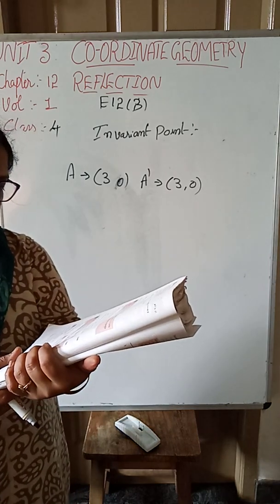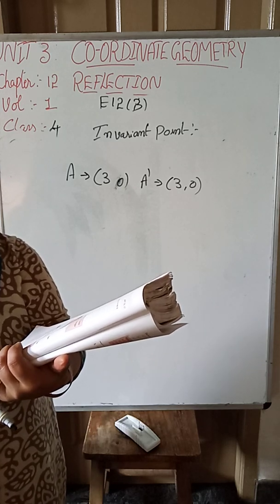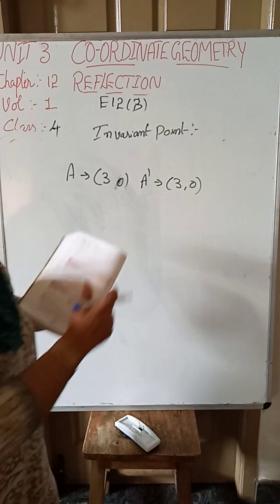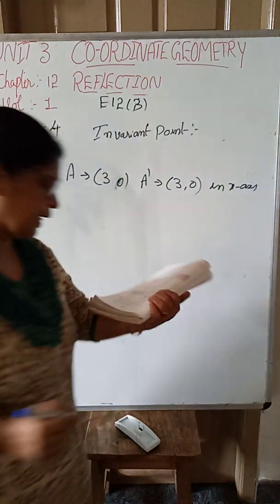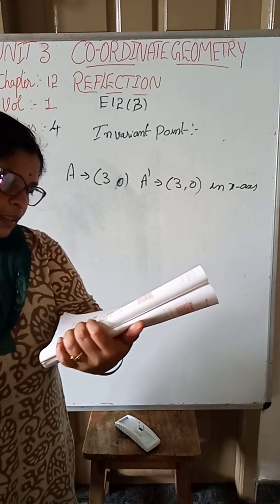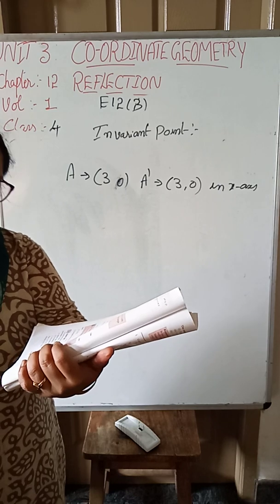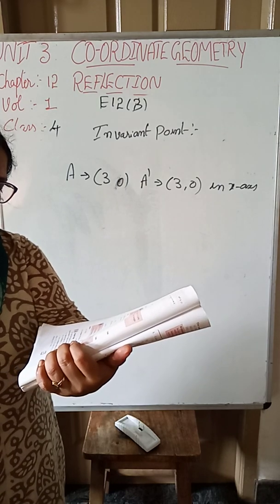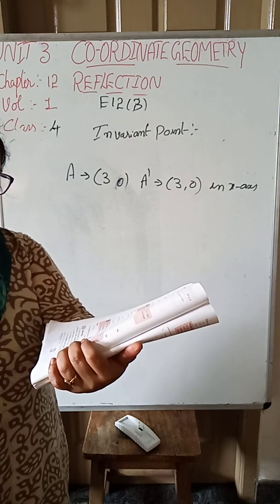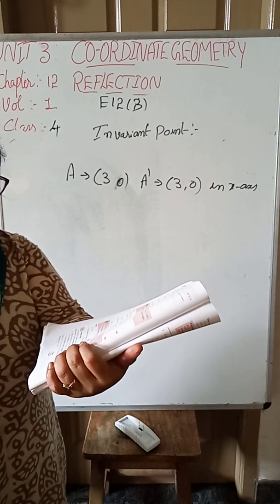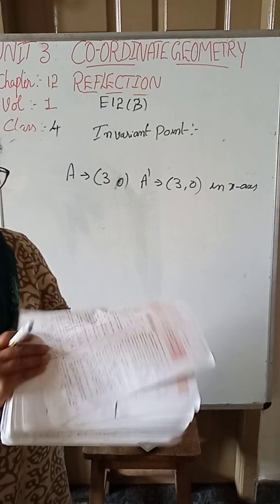Now listen, example: when the point A 5, 0 is reflected in the x-axis, the coordinates of its image are also 5, 0. That is, the coordinates remain unchanged. Therefore, the point A 5, 0 is said to be invariant under reflection in the x-axis.